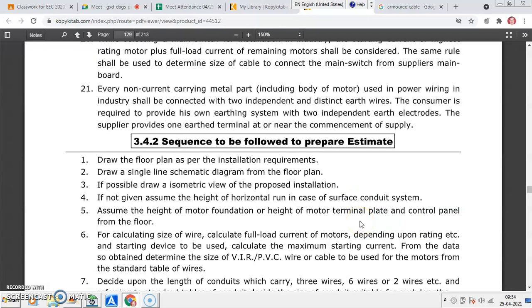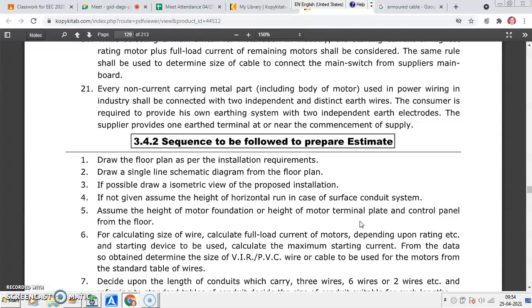Every non-current-carrying metal part, that is very important. Every non-current-carrying metal part, including the body of the motor used in power wiring, shall be connected to two independent, distinct earth wires.